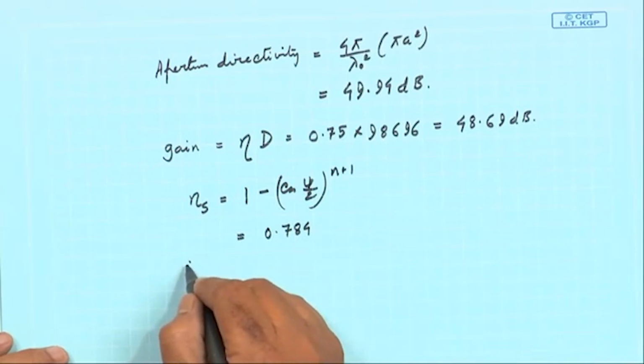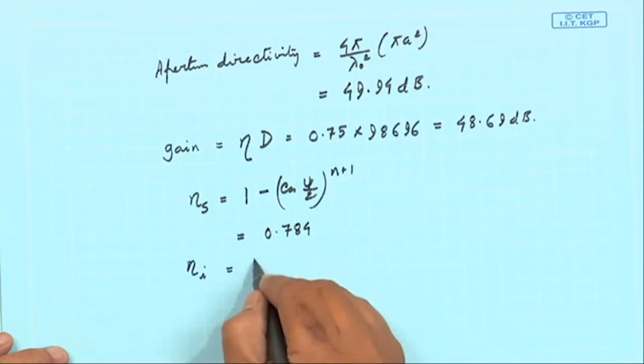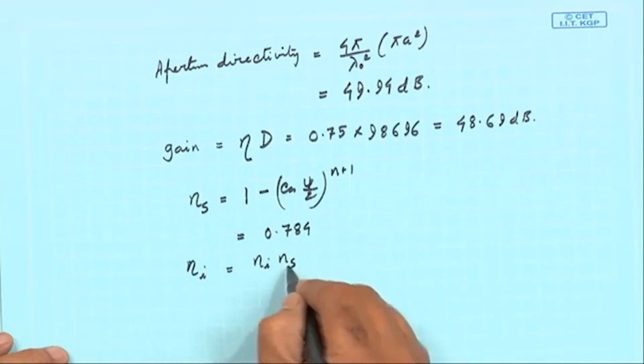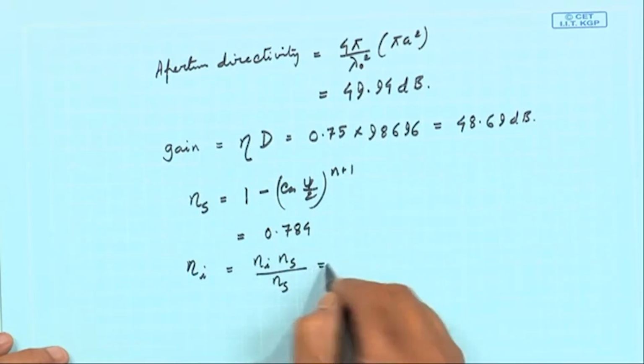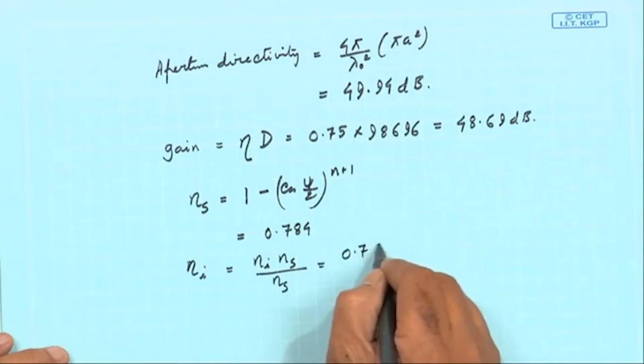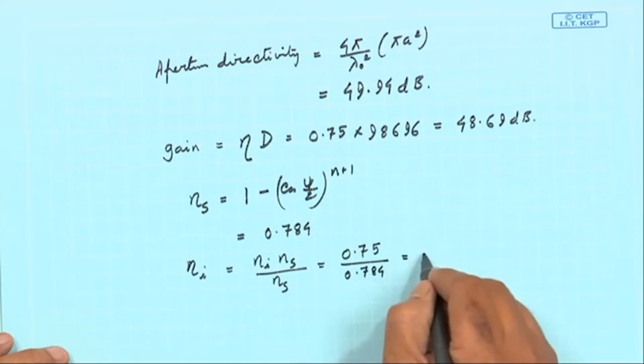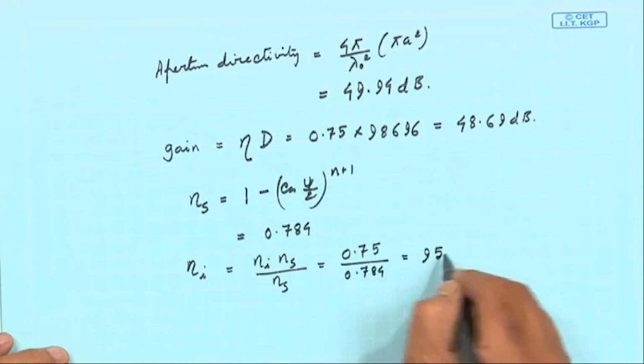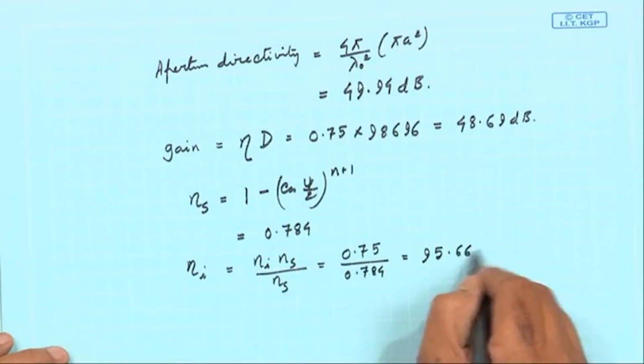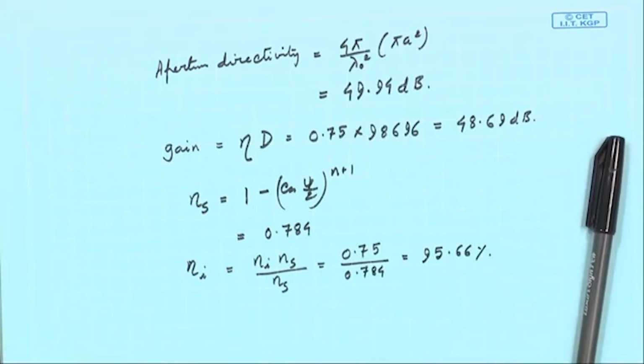And then what is the illumination efficiency? Since I know eta by eta s, I have found 0.75 by 0.784. So, that is 95.66% illumination efficiency.